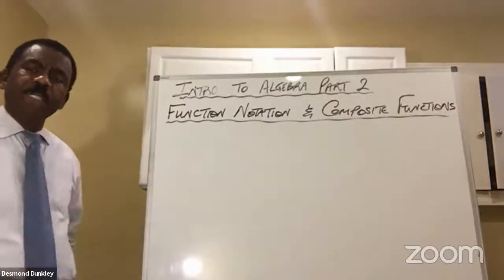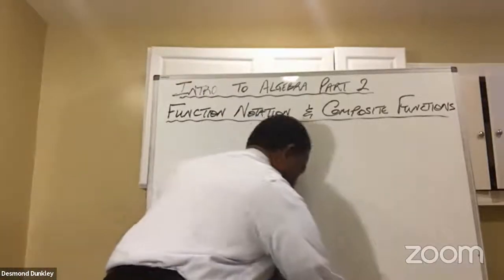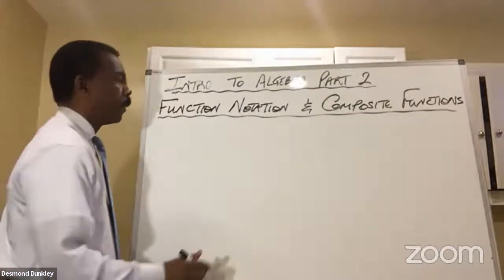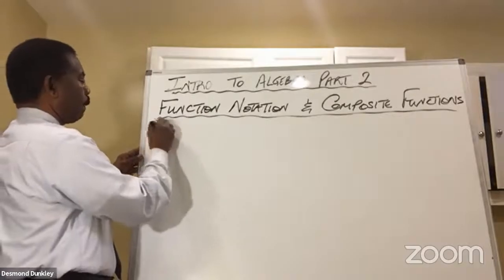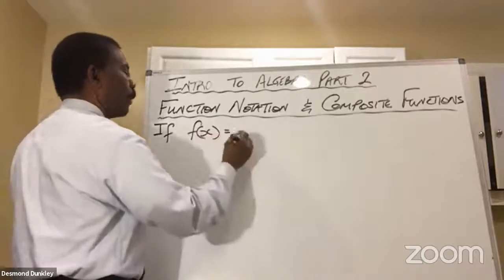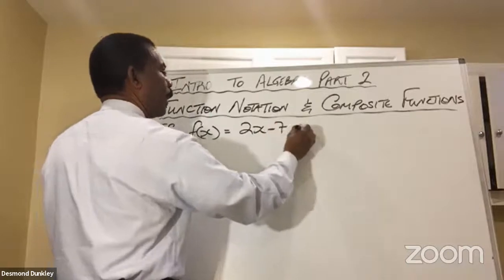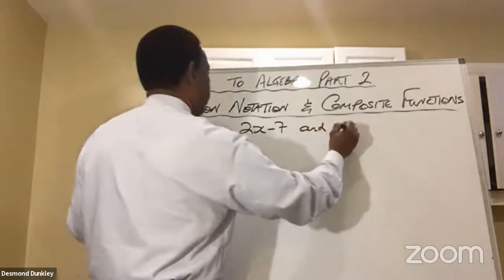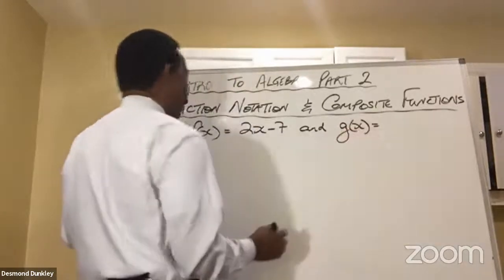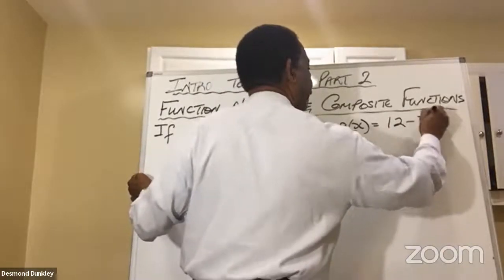And the best way to teach this is by using examples. That's the best way to do this. So, okay, here we go. If f of x is equal to 2x minus 7 and g of x is equal to 12 minus x squared.